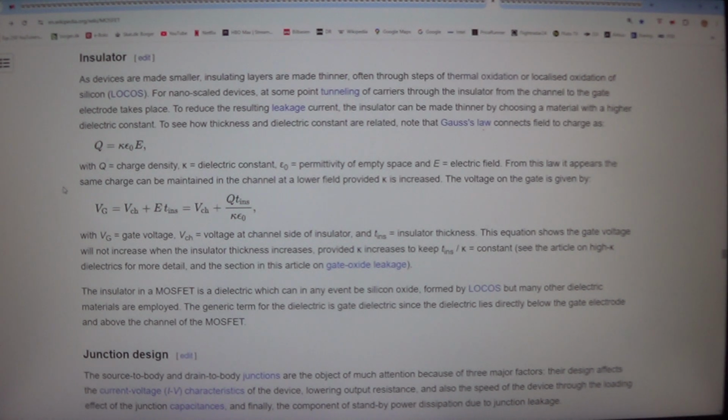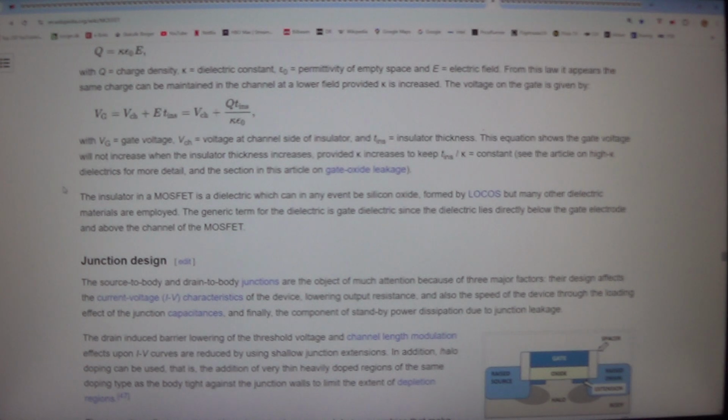The voltage on the gate is given by V sub G equals V sub CH plus E times T sub INS equals V sub CH plus Q T sub INS over kappa epsilon sub 0, with VG equals gate voltage, VCH equals voltage at channel side of insulator, and T INS equals insulator thickness.